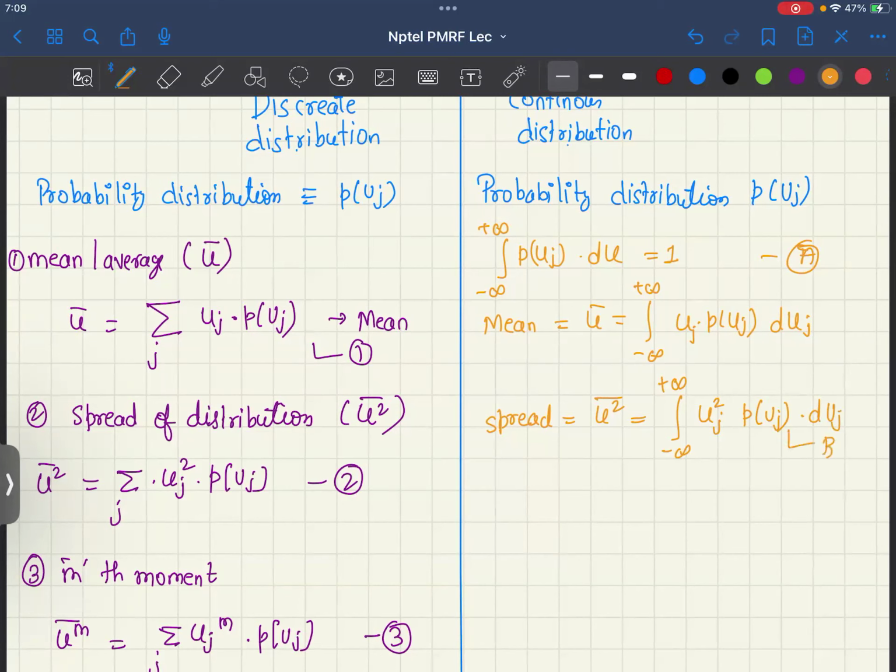This is expression B. Again, the mth moment we can find as the integral from minus infinity to plus infinity of uj to the power m multiplied by P of uj multiplied by d of uj. And standard deviation is given by uj minus u bar.